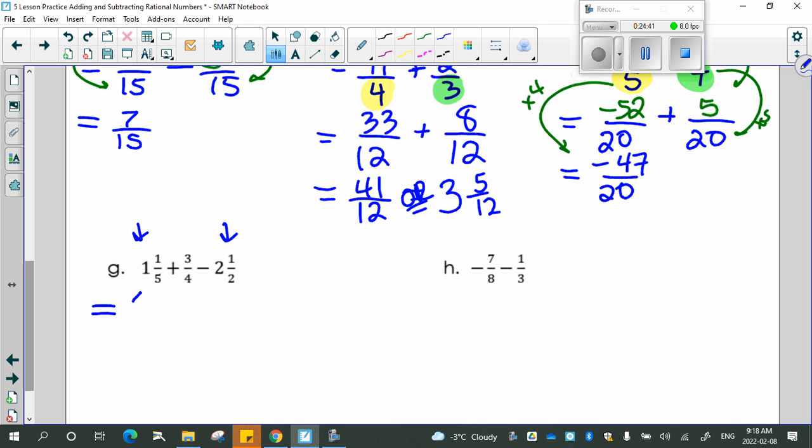Five times 1 is 5 plus 1 is 6 fifths. Minus 2.5 can be written as? Yep. 5 halves.